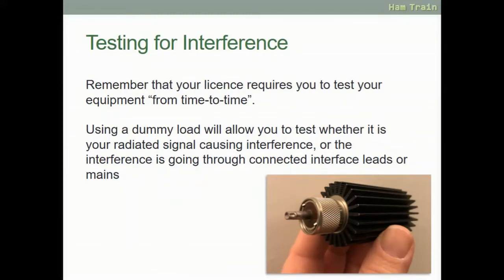So it's a really useful tool to have. Because, I mean, we've mentioned earth, your signal can travel back down the earth cable into the main system of the house, causing interference to other devices.